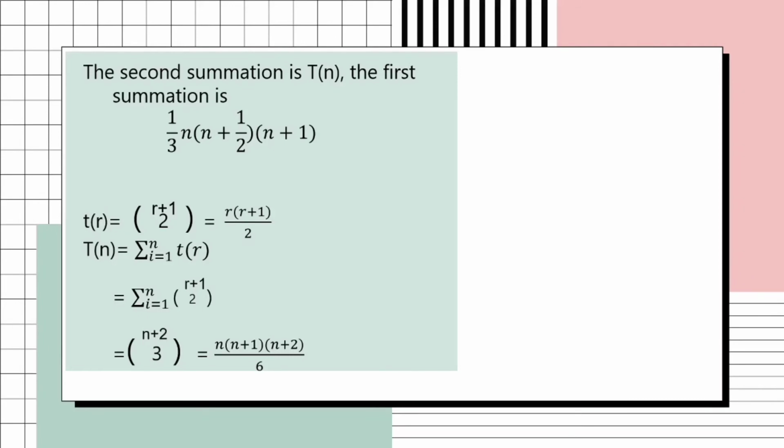So our Tn is equal to the summation from i equal to 1 to n of Tr. So let us now substitute Tr with r plus 1 choose 2, which is equal to n plus 2 choose 3, which is equal to n multiplied by n plus 1 multiplied by n plus 2 over 6.